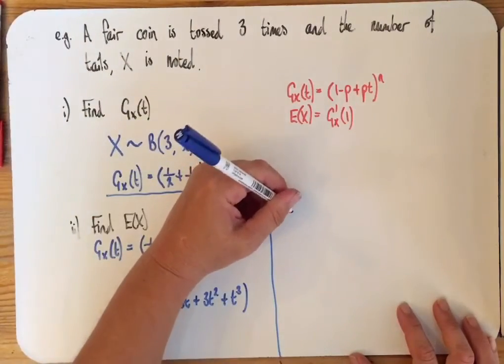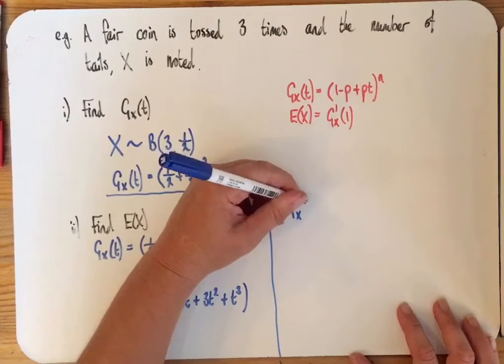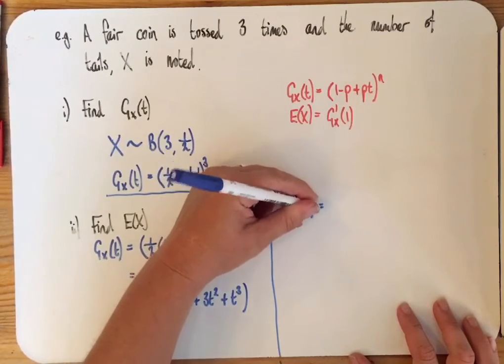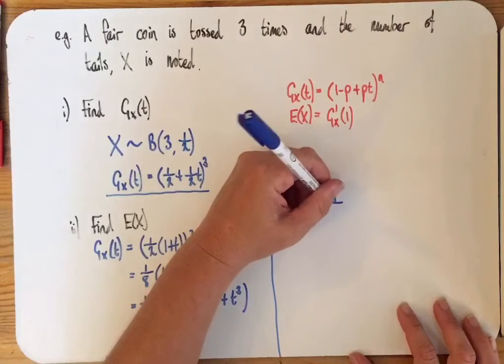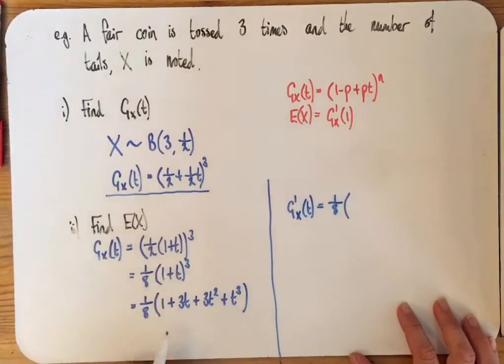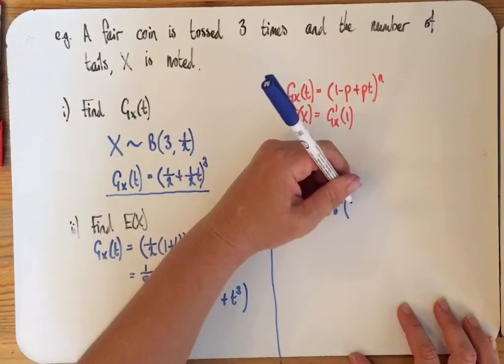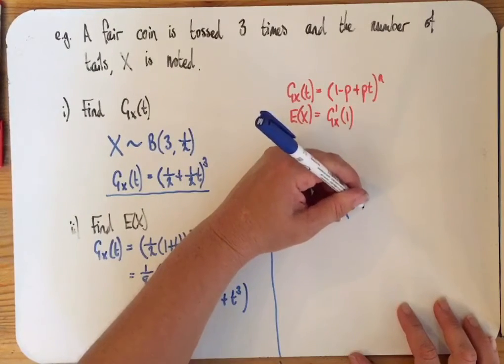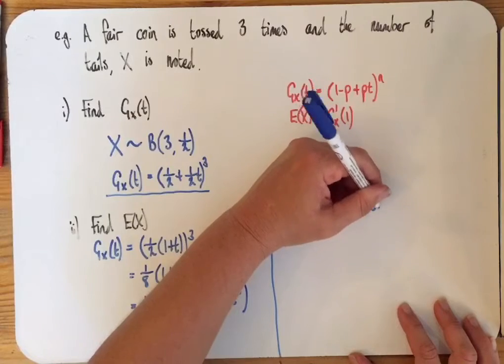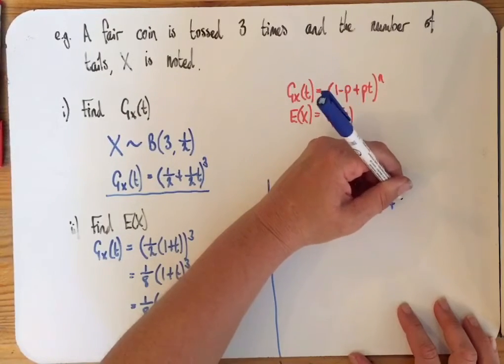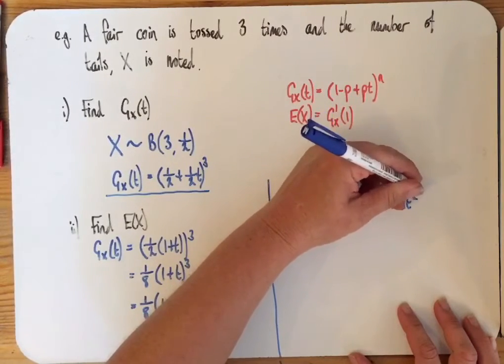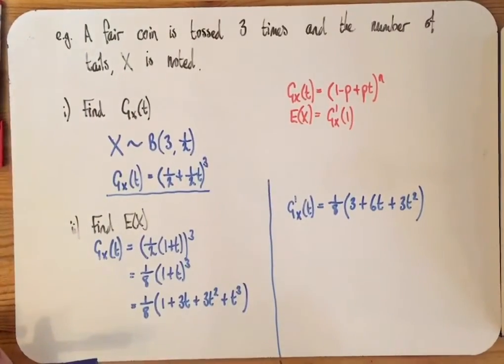And so differentiating, the number disappears, 3t differentiates to 3, 3t squared goes to 6t, and then t cubed goes to 3t squared.